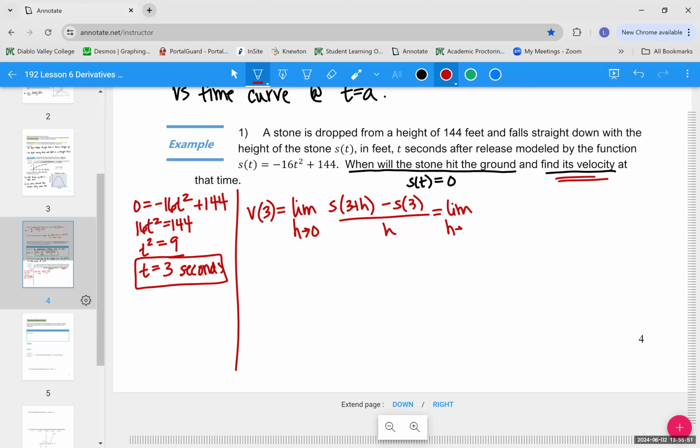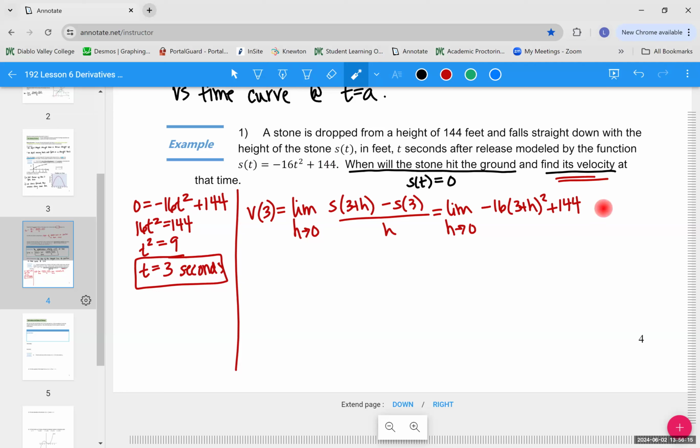And then I'm going to start plugging in. So I need to plug 3 plus h into that entire function. Which is what I have here, negative 16 times 3 plus h squared plus 144. That whole thing is what we get when we plug 3 plus h into this function.